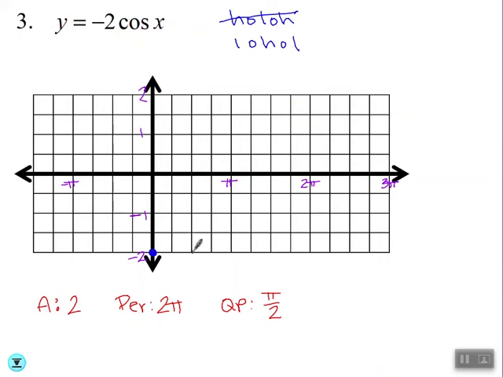Then I go 1/4 period, which is pi over 2, to put my next key point. So since I have a negative a value, I have low, 0, high, 0, low. Then I connect the points to form the curve.